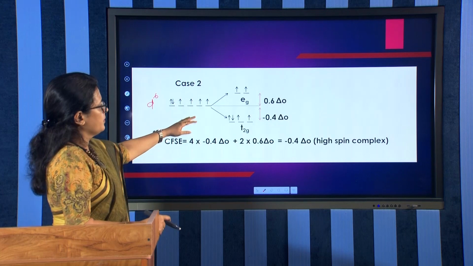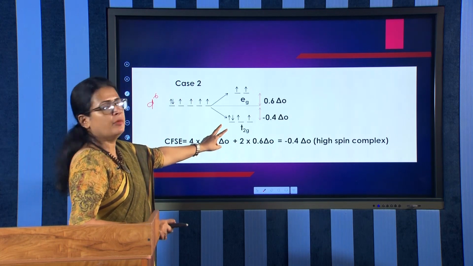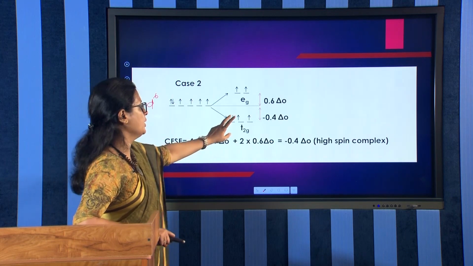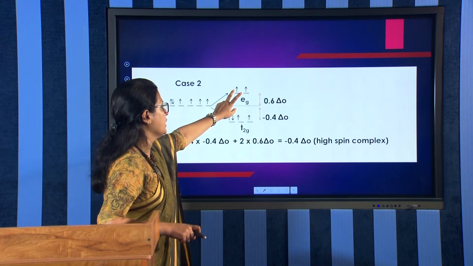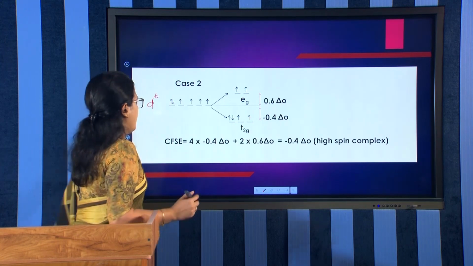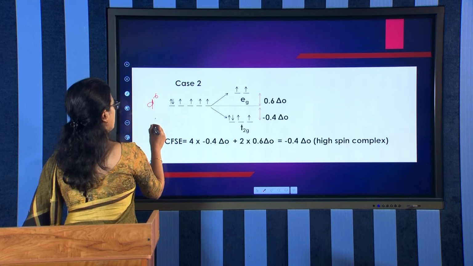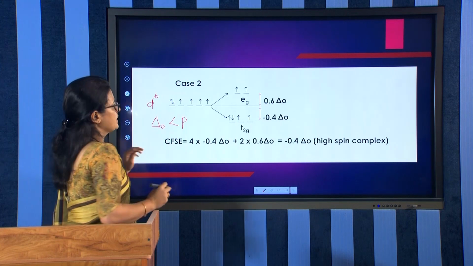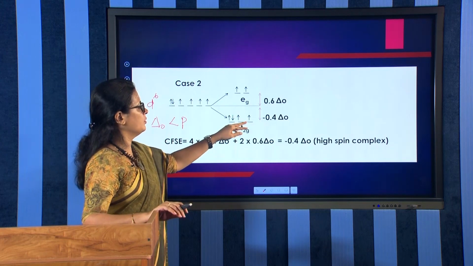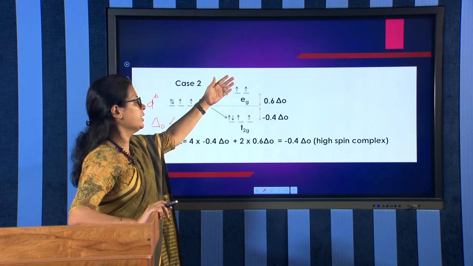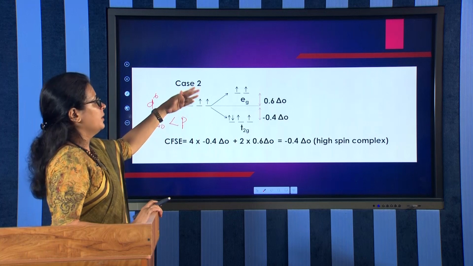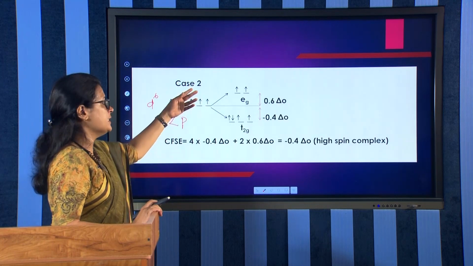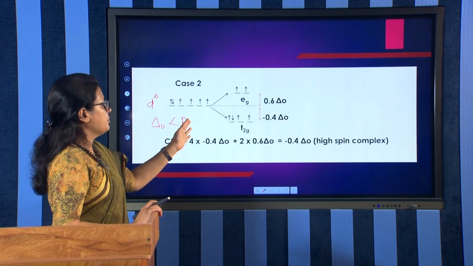6 electrons, it will be split, and while filling the electrons, 1, 2, 3, 4 will be going here, 5, 6, and this is a case where delta O is less than the pairing energy. When delta O is less, the fourth electron will obviously go to the upper state, the eg state, and the arrangement will be like this.